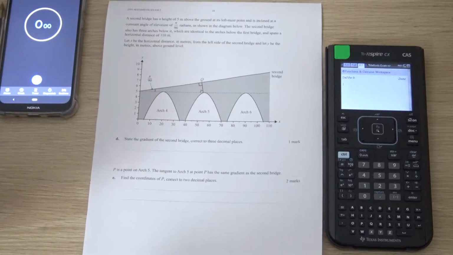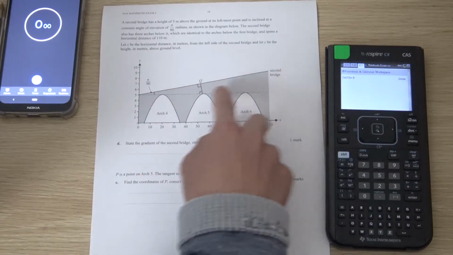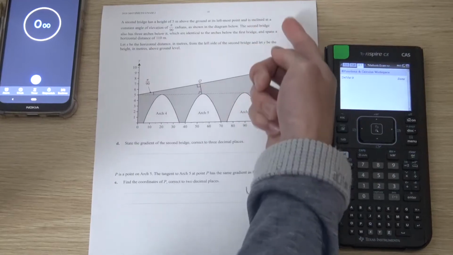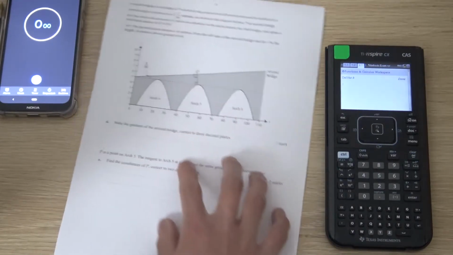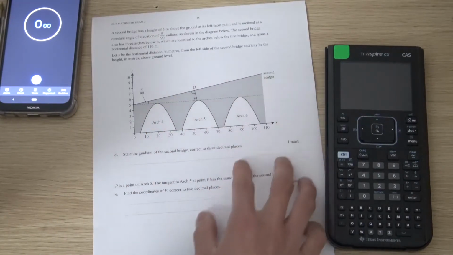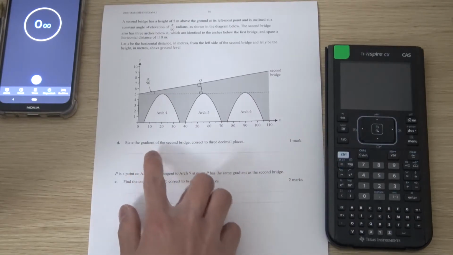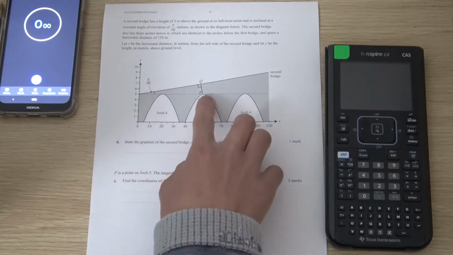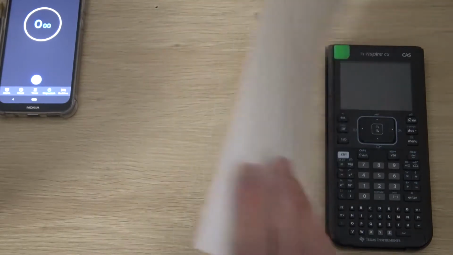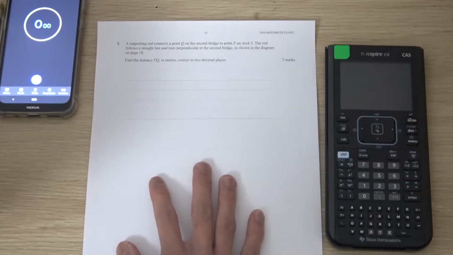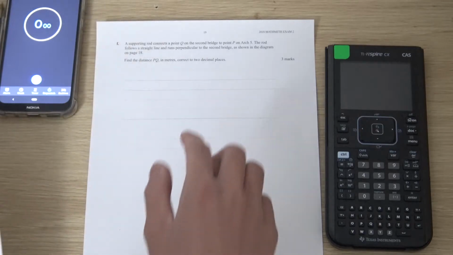And then on the next page, we have a bit of a different bridge, but these arches, if we take a read right here, these arches are the same, it's just the bridge is a little bit different. We have to find the gradient of the bridge, and we have to work out what these points are right here as well. And the final part of this question is finding the distance.